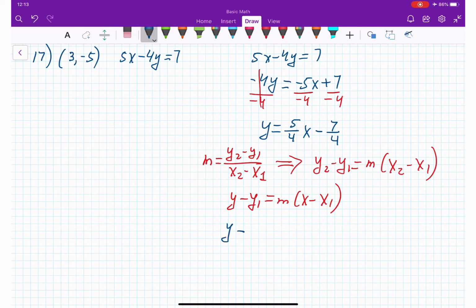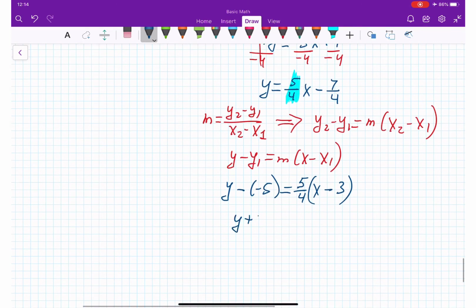So y minus negative 5 is equal, how much is my m? Positive 5 over 4, right? So it's going to be 5 over 4 x minus x1, and x1 is 3. So from here we get y plus 5 equal 5 over 4 times x minus 3.